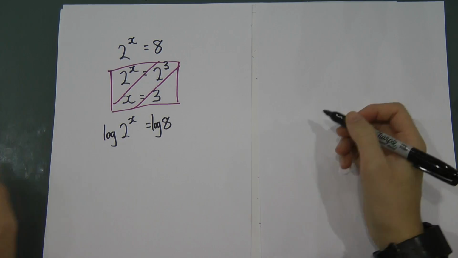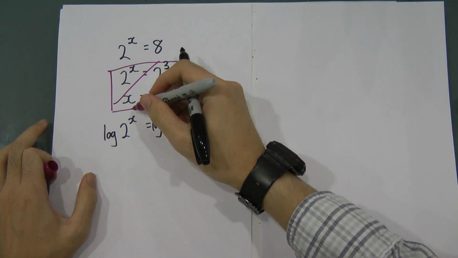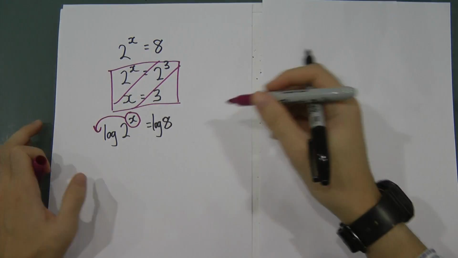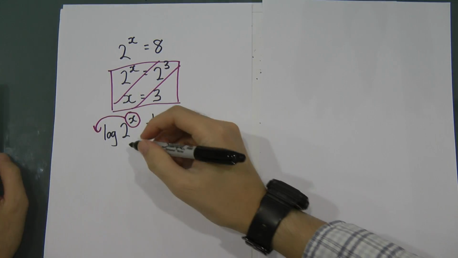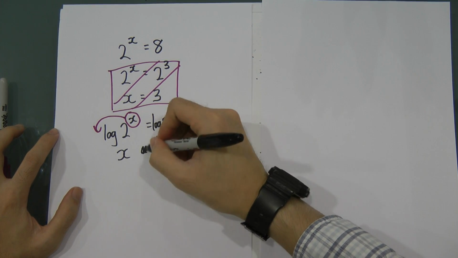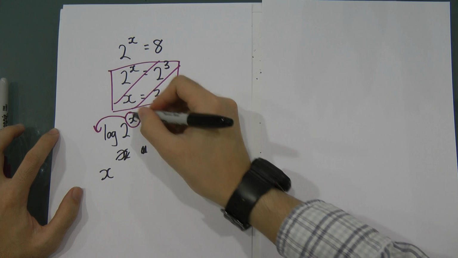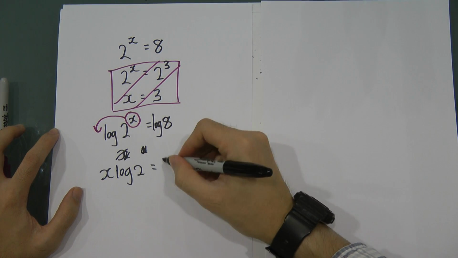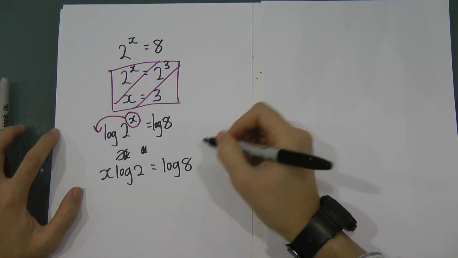Then the law of log tells us that the power, we can move in front. Correct or not? So we have x, because I moved it in front already, log 2 equals log 8.